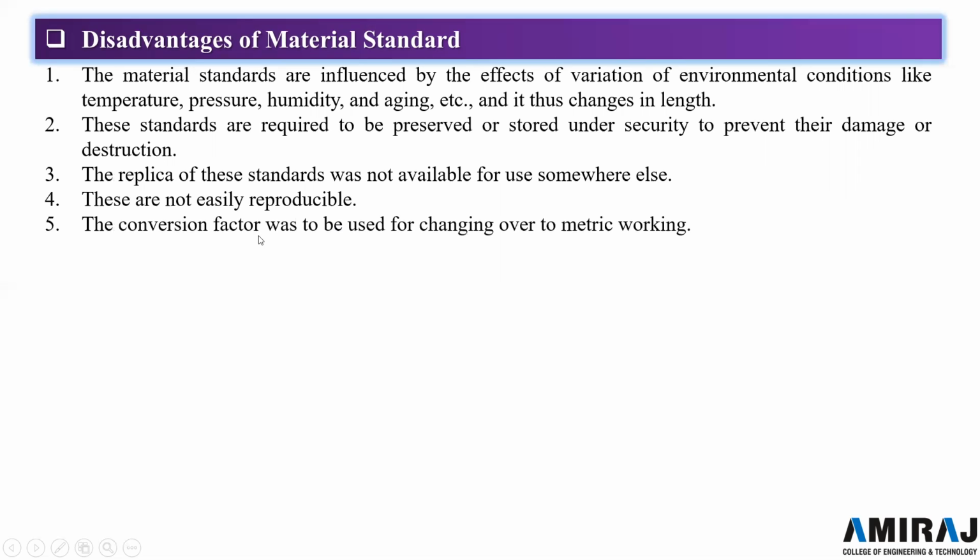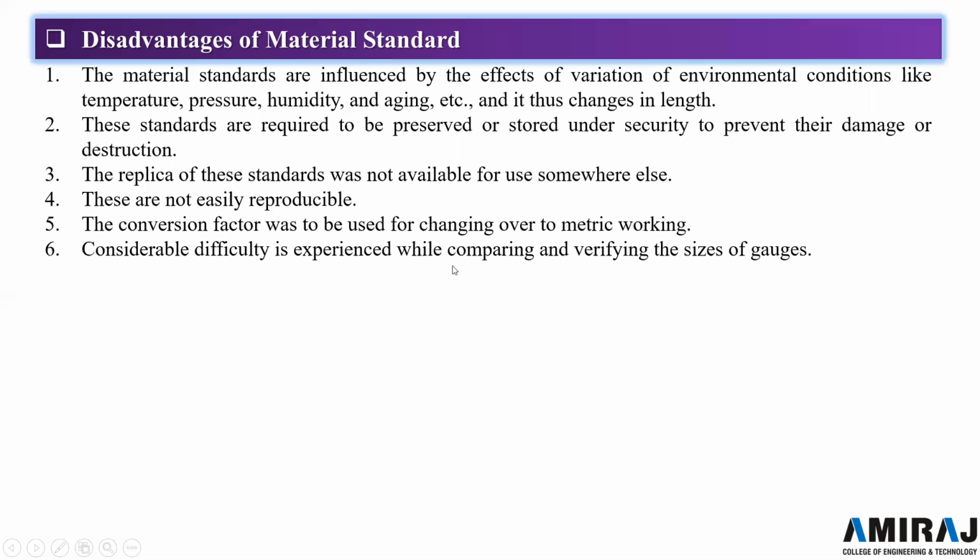Then a conversion factor had to be used for changing over to the metric system. Suppose we have a yard standard, then we have to convert the yard into meters. Considerable difficulty is experienced while comparing and verifying the size of gauges, as you can see from the complex shape of the standard. So this is about the material standards.